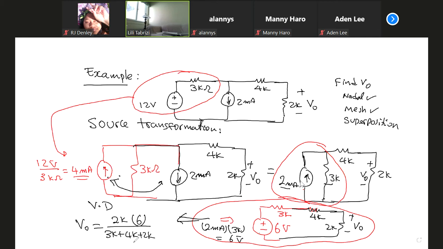If you simplify, 2 plus 3 is 5, plus 4 is 9, so you get 2 over 9 times 6, which is 4 over 3 volts. That's source transformation.